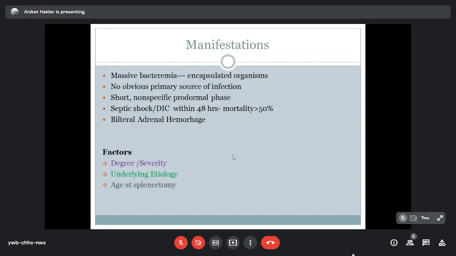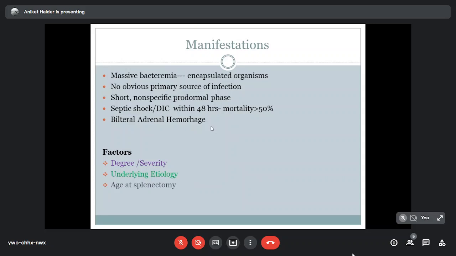The patients with marked hyposplenism will be susceptible to massive bacteremia. There will be no obvious primary source of infection, and after a short non-specific prodromal phase, these patients can quickly deteriorate to septic shock or DIC, and there will also be chances of bilateral adrenal hemorrhage, or the Waterhouse-Friderichsen syndrome, due to meningococcemia.